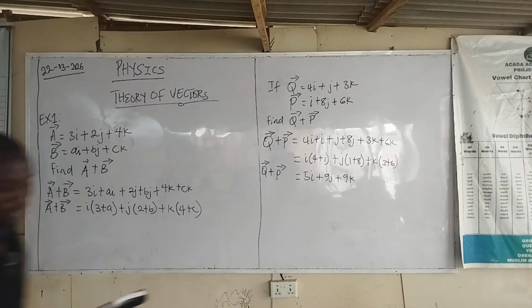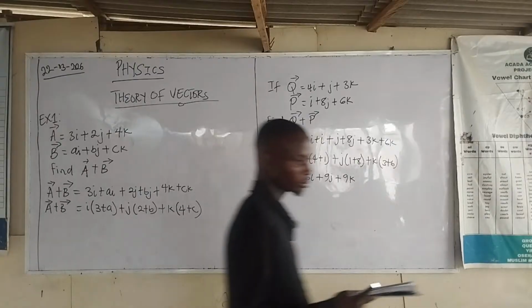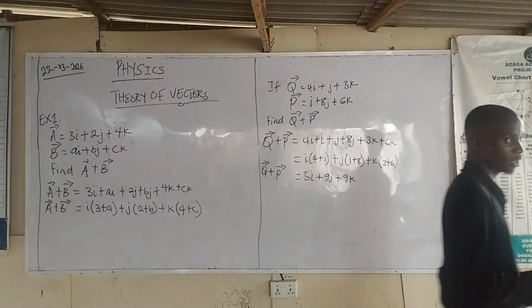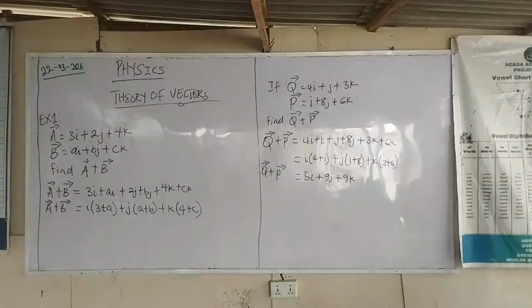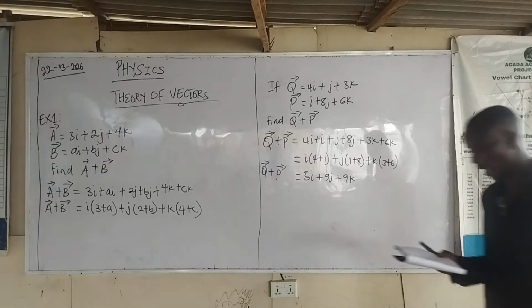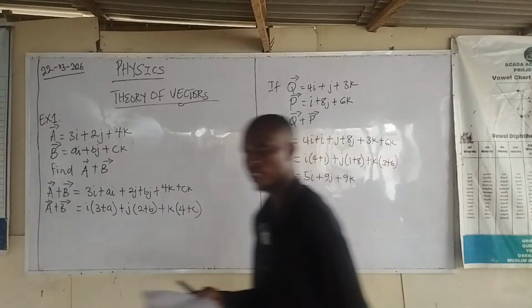Example 3. What vector v must be added to two vectors?